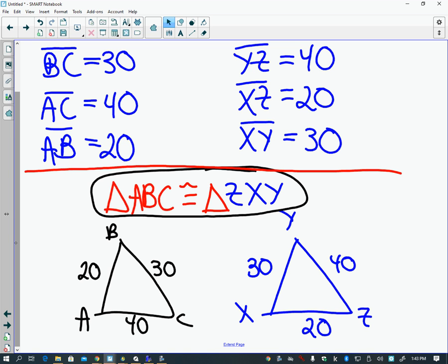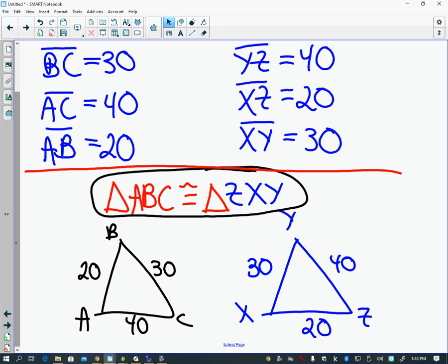Does A correspond to X? No. Okay, what does A actually correspond to? Well, what else is between 20 and 40 on the other side? Z, okay? So it doesn't have to be oriented the same way. It just has to be between the same two numbers, okay?